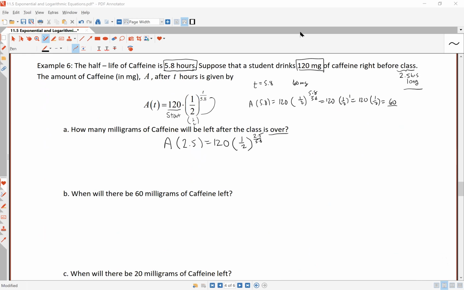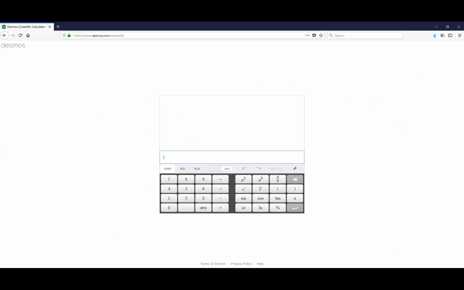So we'll use our calculator. We will do 120 multiplied by 1 divided by 2. I'll need to put that in parentheses. Raised to the 2.5 divided by 5.8.